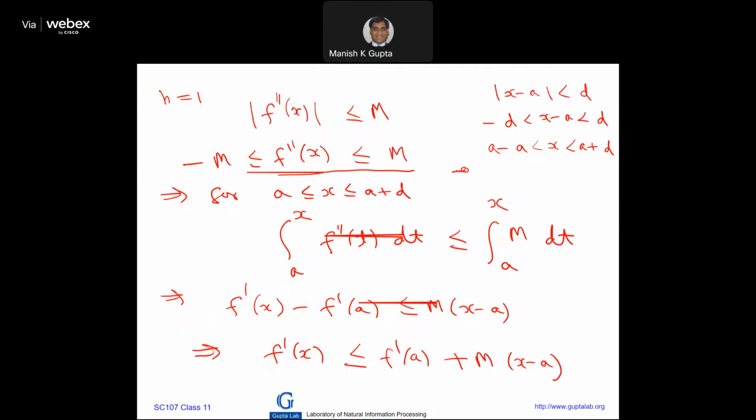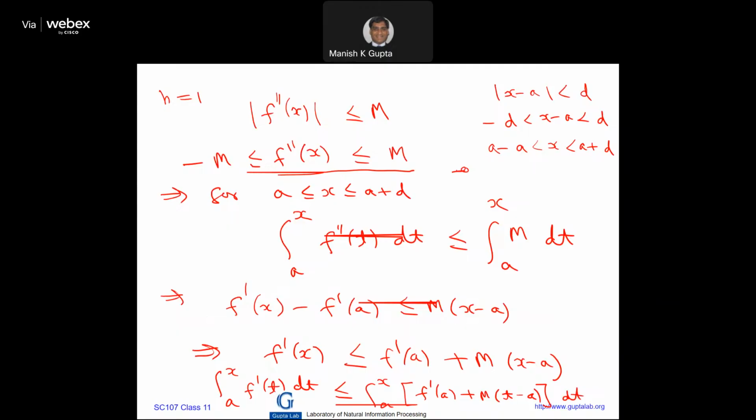So this will be integration from a to x of f dash of t dt less than or equal to integration from a to x of f dash of a plus M times t minus a dt, right? Again I am integrating both sides between a to x.